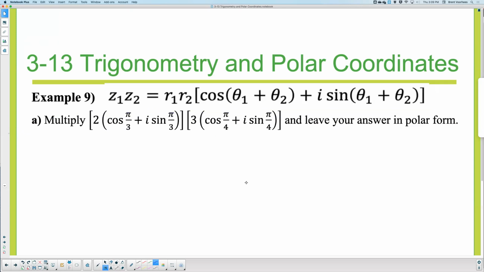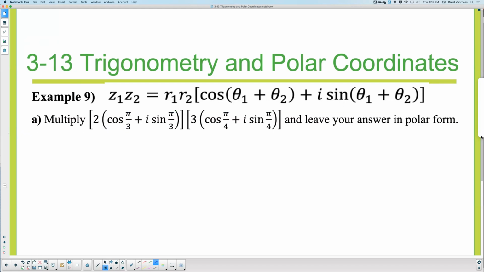So what I need to do is multiply my two radii, which in this case is going to be 2 times 3. This is radius 1 right here. This is radius 2. So it'll be 2 times 3 times the cosine of my two thetas. This is theta 1.